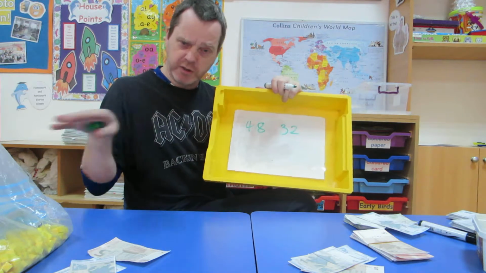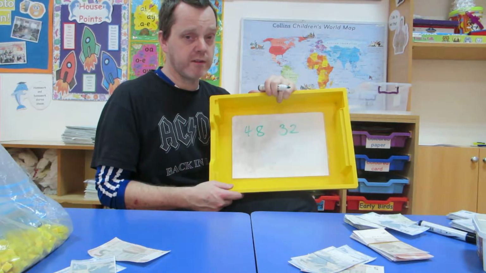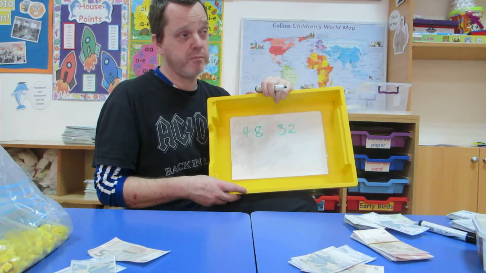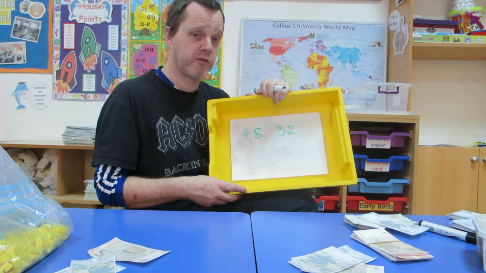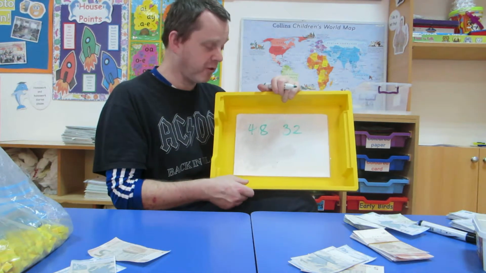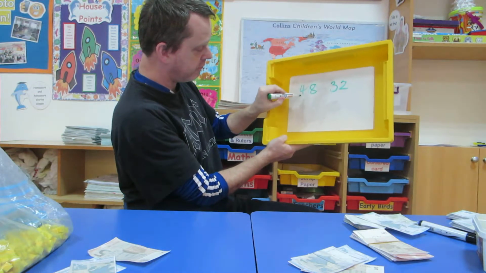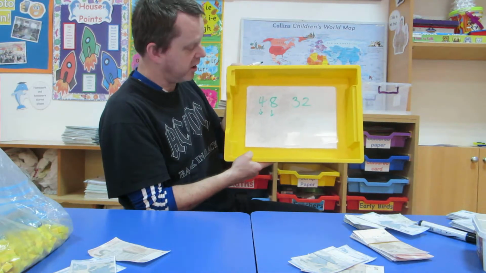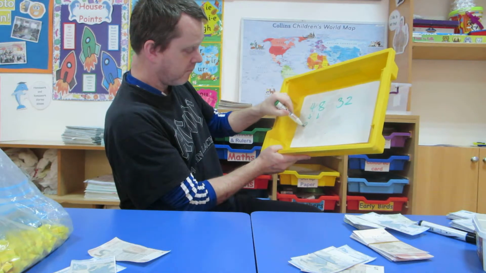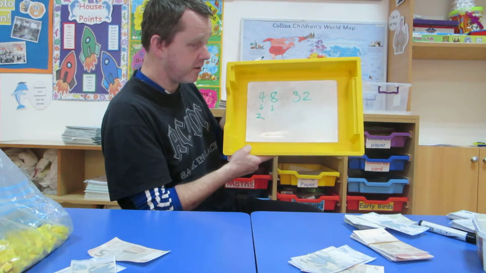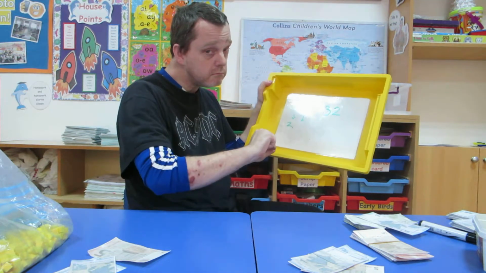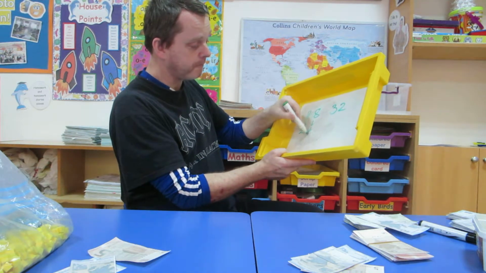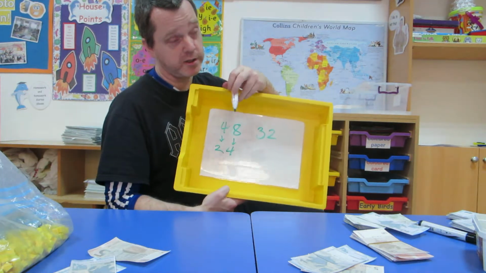And I was saying to one of the girls the other day that column addition and column subtraction will be the normal method from year 3 onwards, high school, university, etc. But for just now, thinking about halving, if I do little arrows coming down, what we have to do here is half of 4, which is 2, and then half of 8 is 4. So, half of 48 is 24.